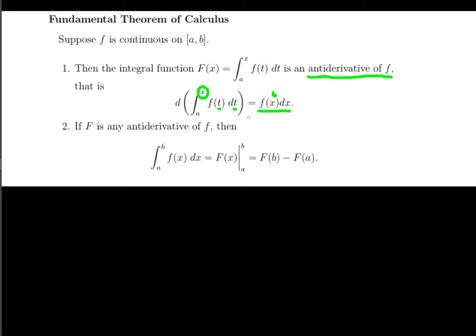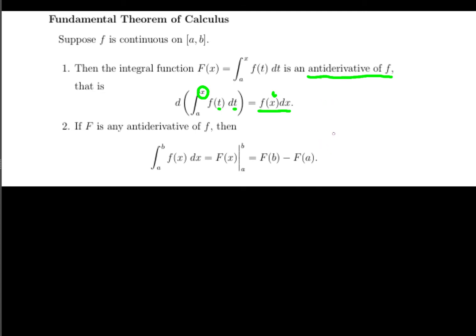And so students oftentimes think that this theorem is way too easy, that if I've got an integral function, the derivative is just a matter of erasing the integral sign and replacing t's with x. That's all that's going on here. So that's the first part of the fundamental theorem of calculus.